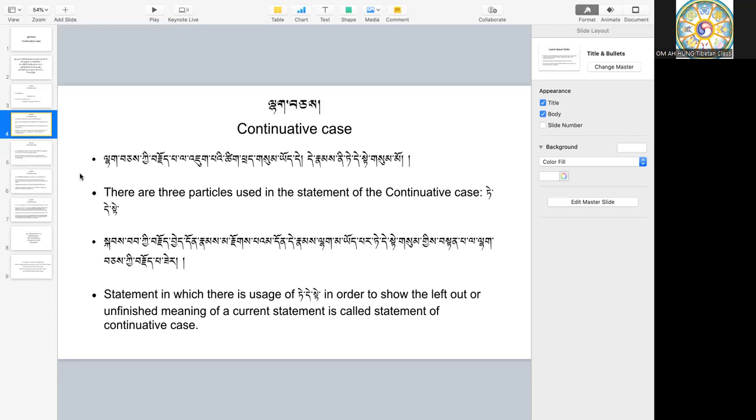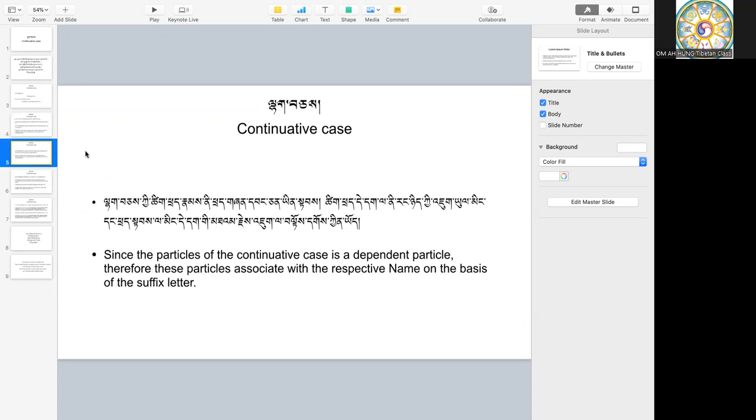What this actually means is that whenever we use these particles after a narration, that particular narration is not finished. They require these particles so that the left out meaning could be brought in. And so these usage cases, these statements, are known as continuative case.